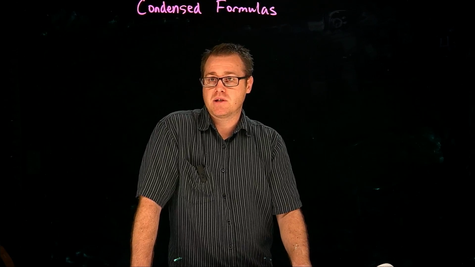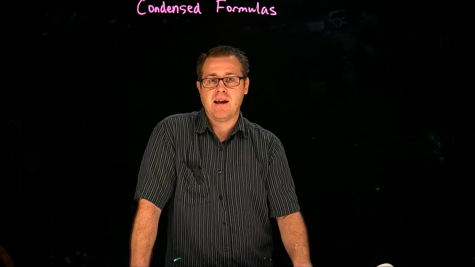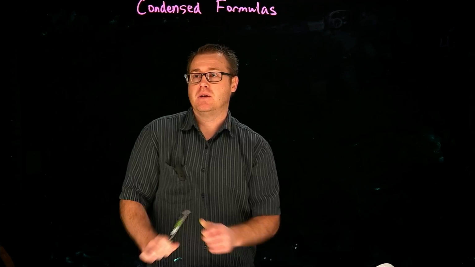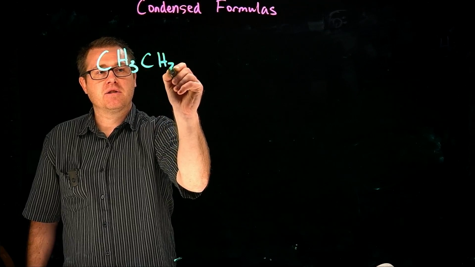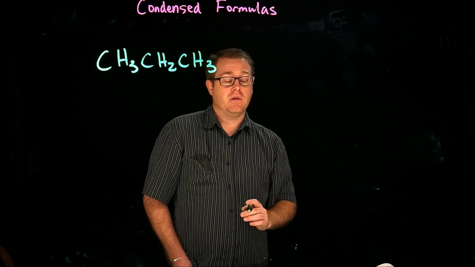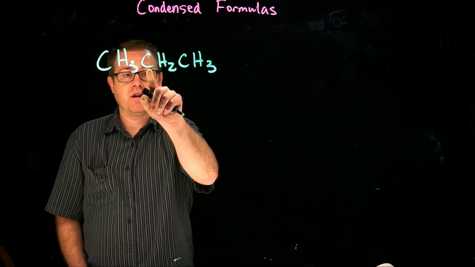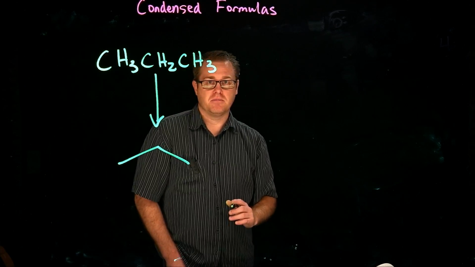Now, with most organic problems, you don't want to get into the trap of being one-dimensional. What I mean by that is if I have this condensed structure, you don't only want to practice how to go from here to a zigzag structure.